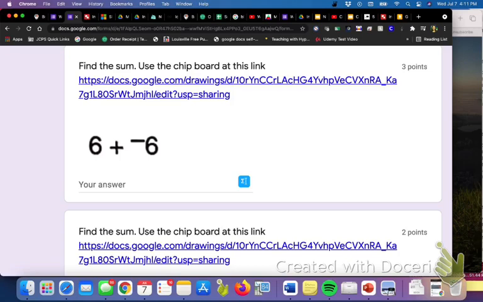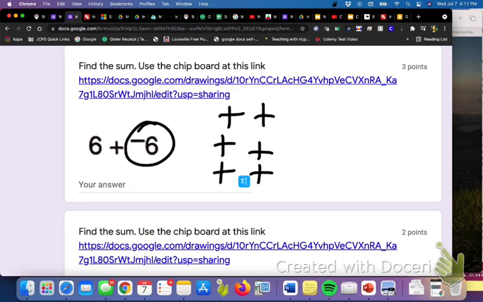Okay, for problem number 2, I would have 6 positives, which I'm adding to 6 negatives. So what's going to happen?